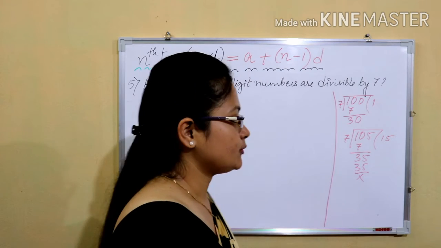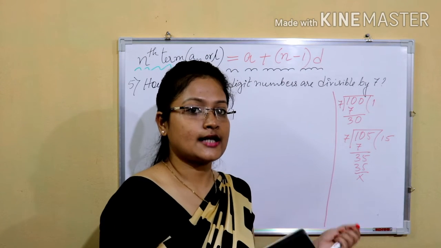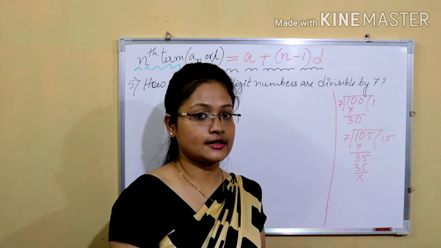In the same way, we will find the last number. The largest 3-digit number is 999.